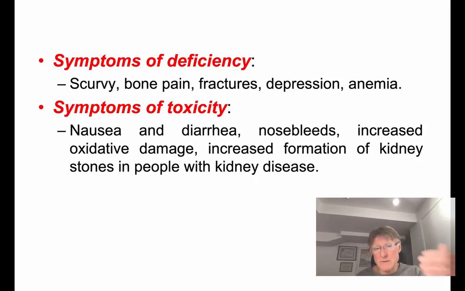Instead of helping, it becomes detrimental. So these are the typical symptoms of toxicity for vitamin C. Again, it's unlikely to see it, because I've seen people take quite a bit of vitamin C because they think the more the better, and I've never seen anyone show symptoms of toxicity. But it's been reported in textbooks, and this is a concern that we should keep in mind.